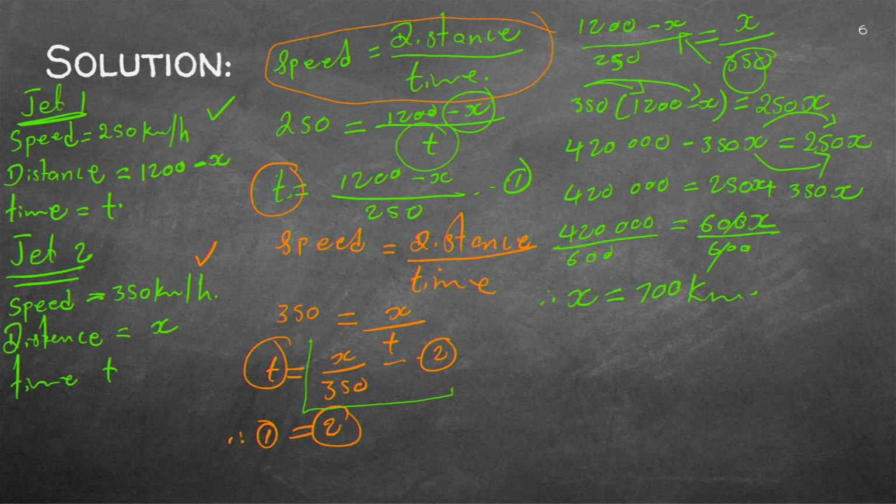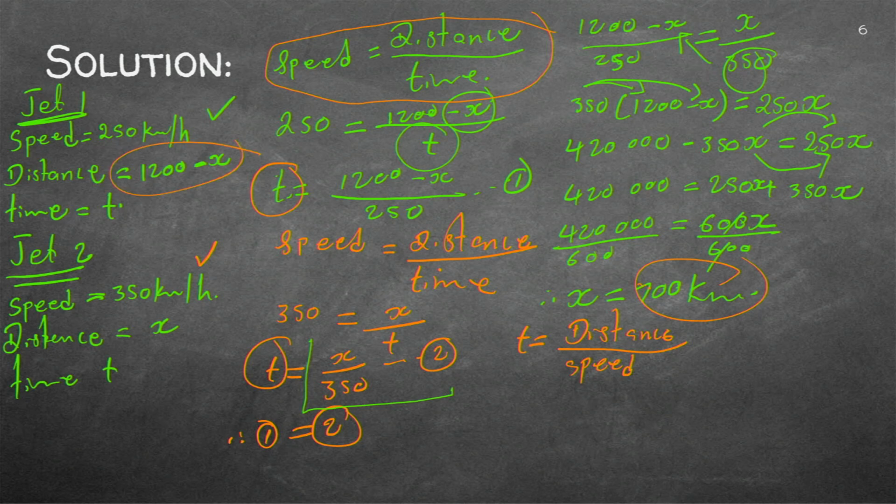So if I'm looking for time, time will be given by distance over speed. And you already have the value of your distance there, and you know speed, so you can choose any of the speeds that you have, guys.